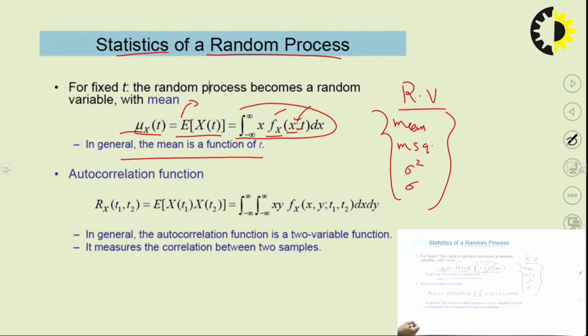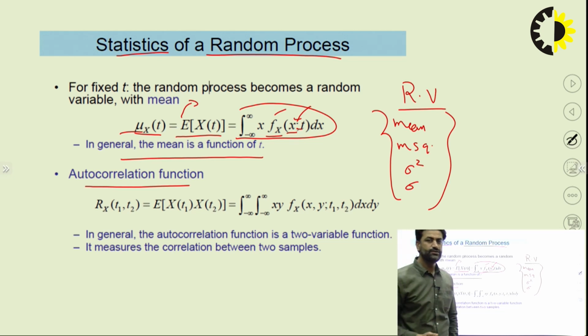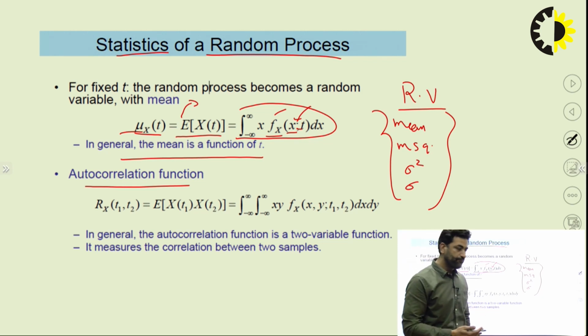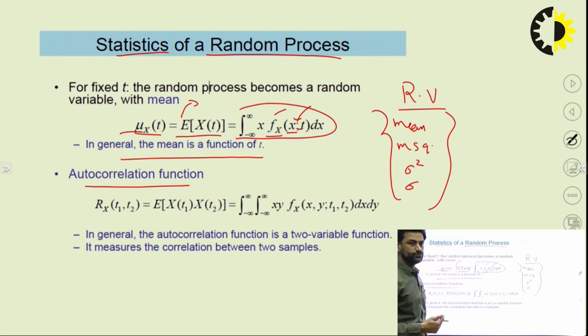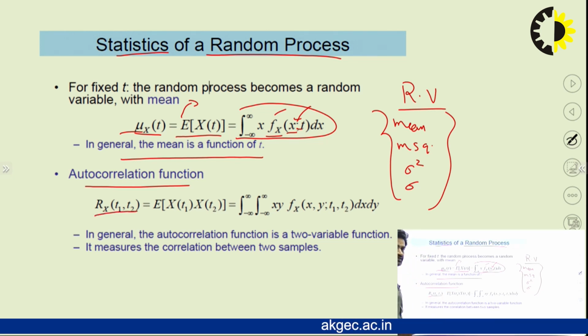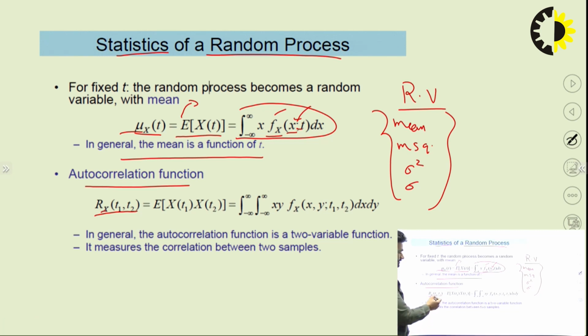Now, another parameter is the autocorrelation function. What is autocorrelation? Autocorrelation means we are finding the similarity between two processes, two signals, two noises. It is denoted as a capital R, and x is the random variable at two instants of time, t1 and t2.